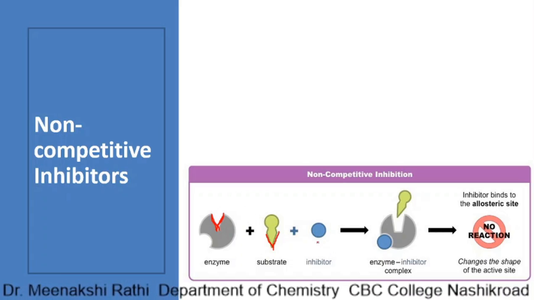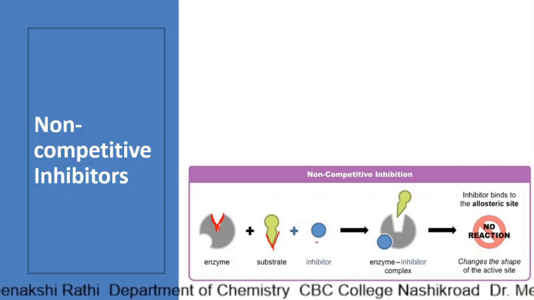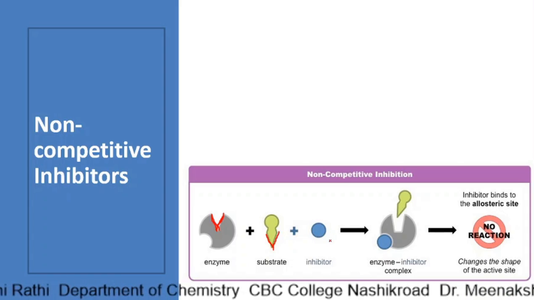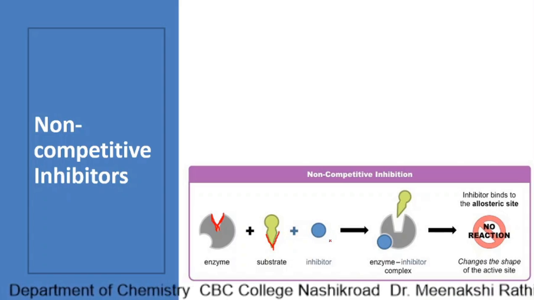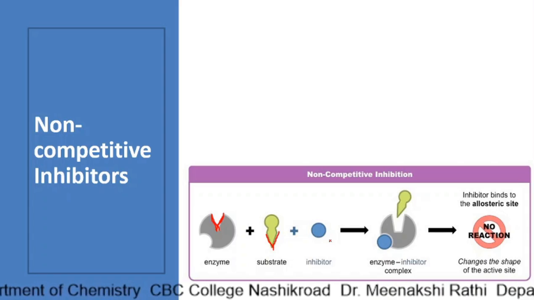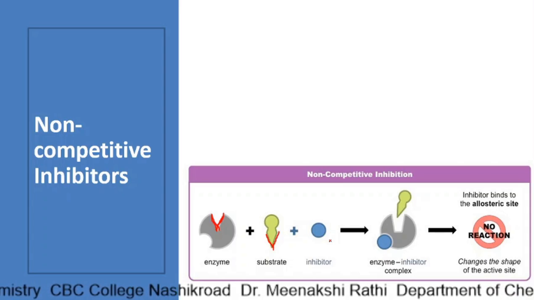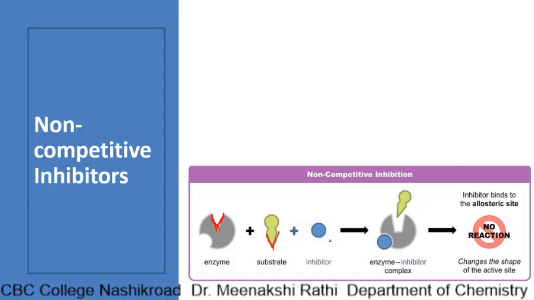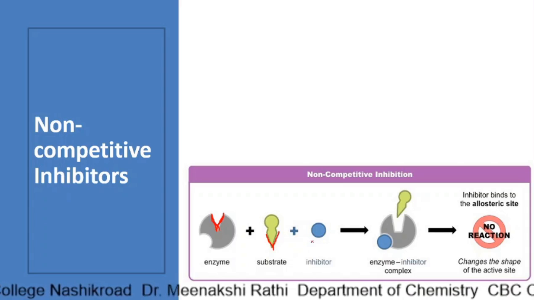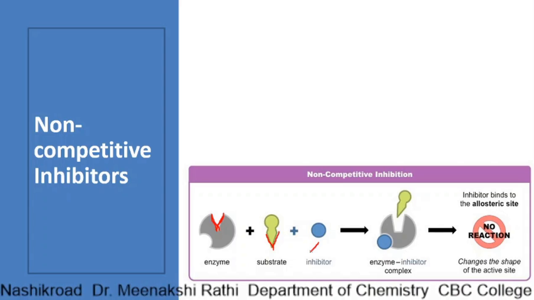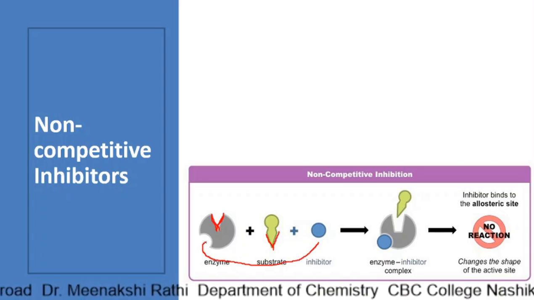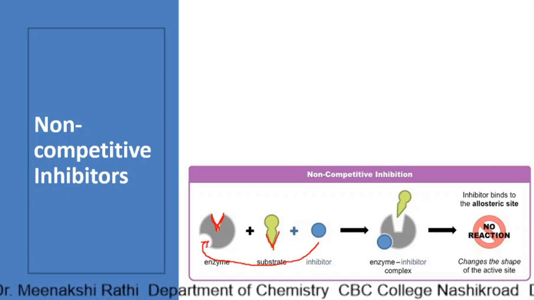And here there is an inhibitor. Now you can see substrate and inhibitor are not having any similarity in their structure, so there is no competition between them for the active site. But what happened here, this inhibitor attacks the enzyme from the other side.